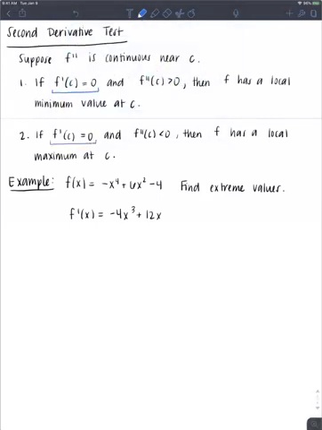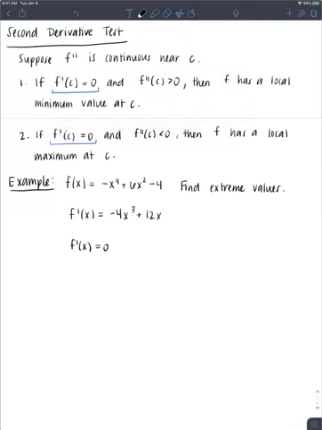And then once I know which values make the first derivative equal to 0, then I'm going to go and test these points here, right? And so it starts out with first knowing where it's equal to 0. So technically, we're not finding the critical points because the critical points also include where it's undefined, right? And here we don't care about where it's undefined, we only care about where it's equal to 0.